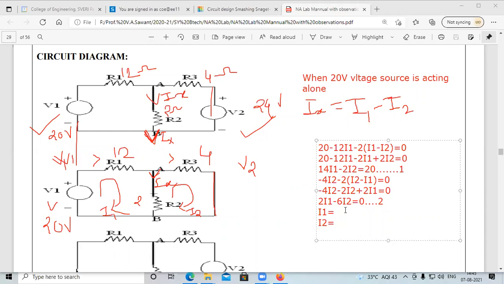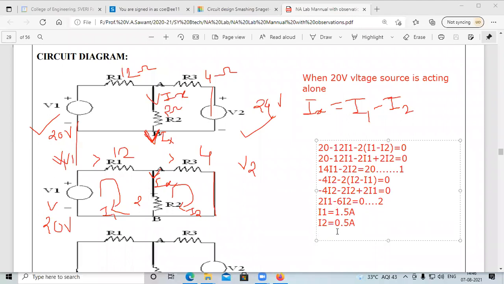I1 is 1.5 and I2 is 0.5. Okay, I1 1.5, I2 0.5.